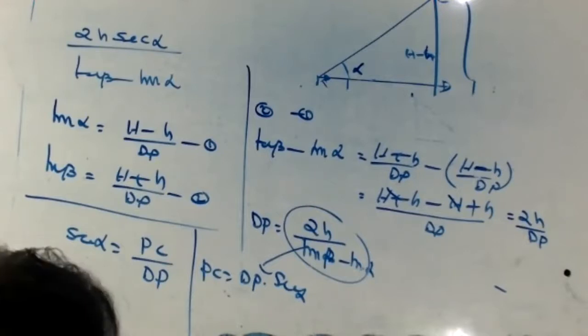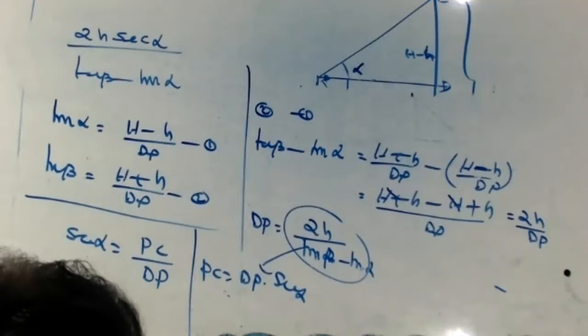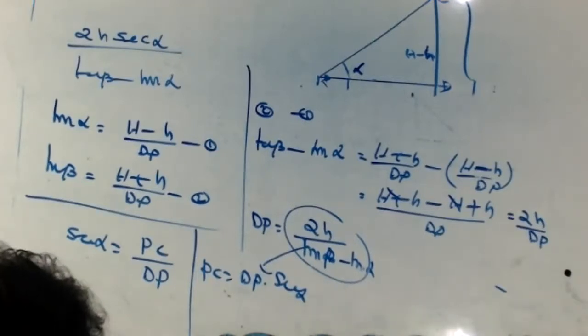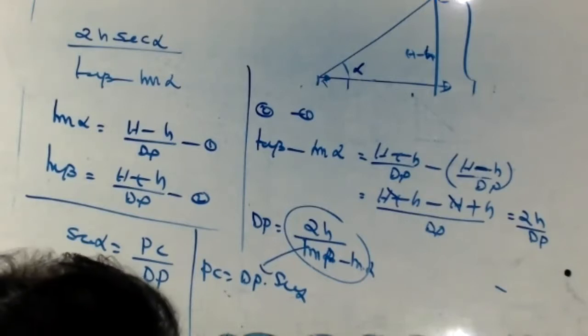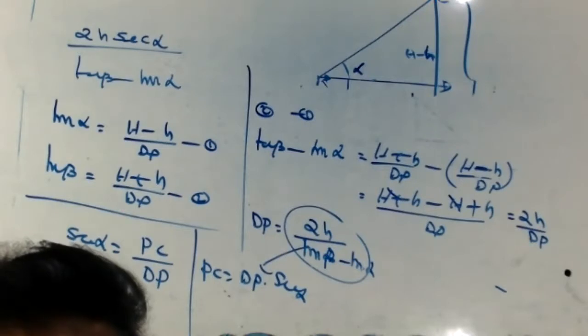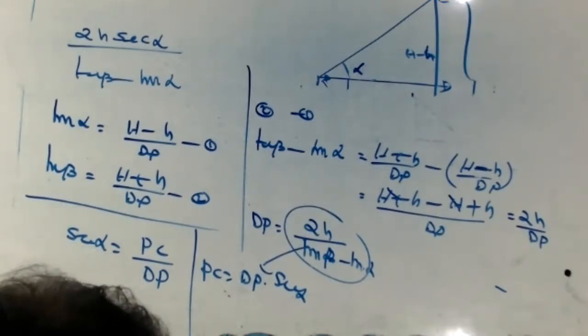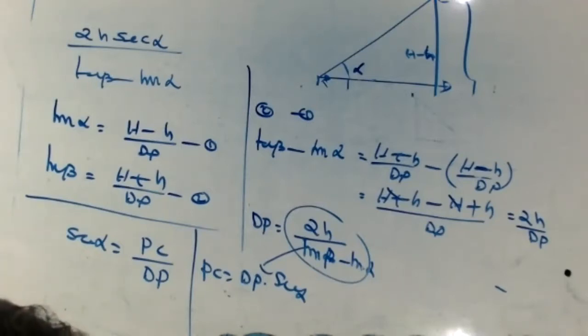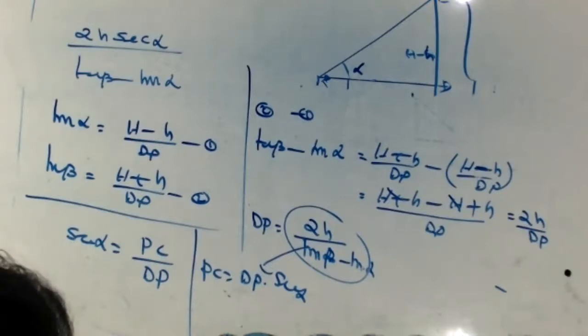He observed the angle of elevation of the top of a hill as 60 degrees, and the angular depression of the base of the hill as 30 degrees.